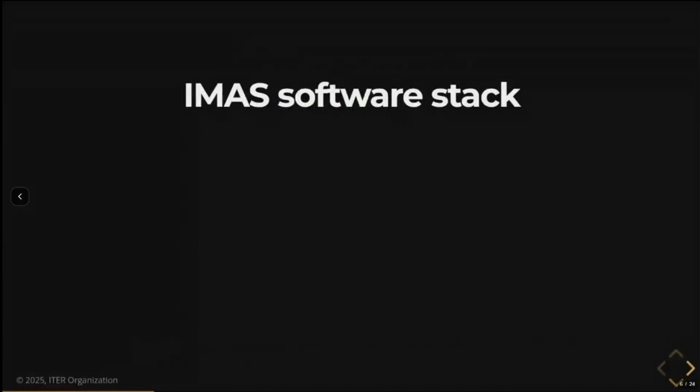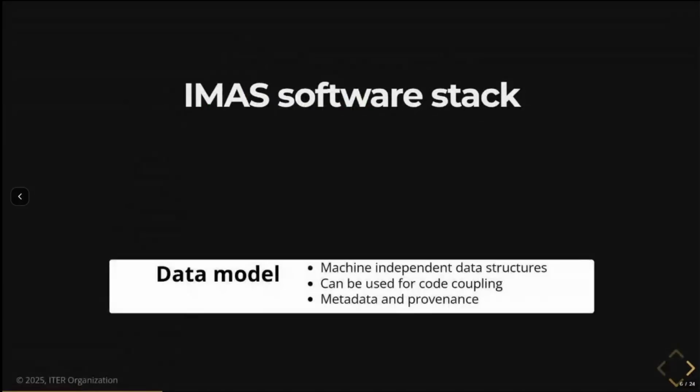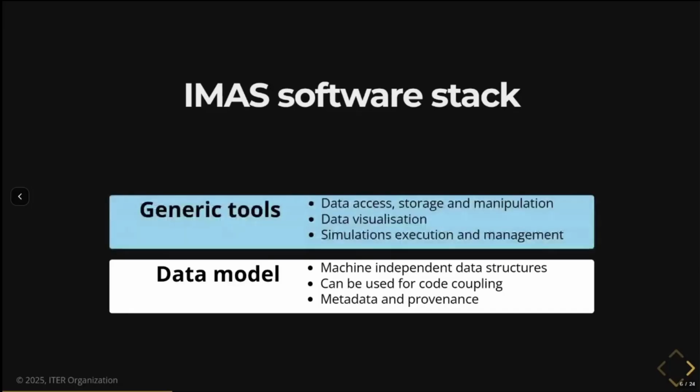Now, what's inside IMAS? So I told you about this data ontology. So it all starts first with this data model that we want to be machine independent and that can be used for code coupling and to be the base of integrated modeling simulation codes. On top of this data model, we are also providing generic tools to manipulate and access these data structures and data objects.